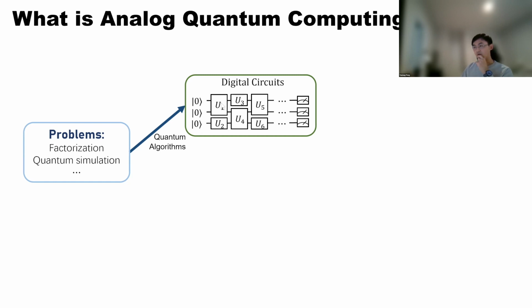And there are quantum gates as the abstraction for us to describe the operations we want the quantum computer to execute. And finally, you do some measurements on the qubits. These measurements give you some classical results you can read out and extract information from the quantum system. So this is how we theoretically do quantum computing, in the form of digital quantum circuits.